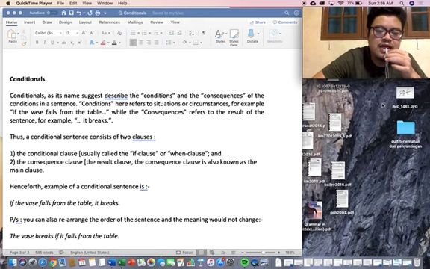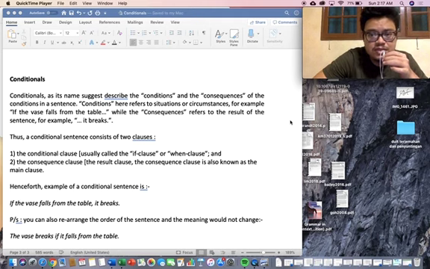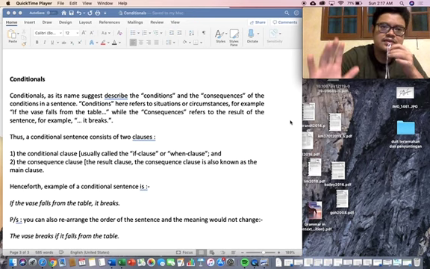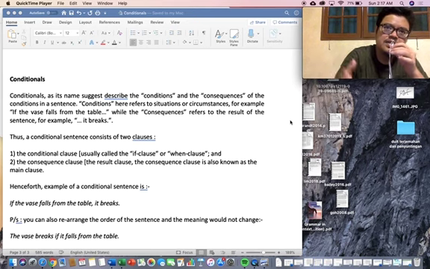So first of all, conditionals. Conditionals are sentences which talk about conditions as well as the consequence of the conditions. We usually use them for hypothetical events: if something happens, what would happen?